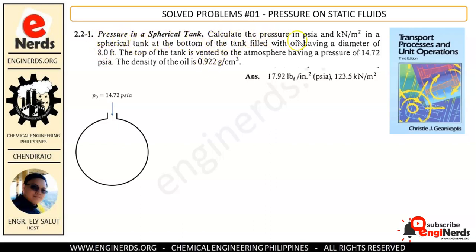Calculate the pressure in psia and kilonewton per square meter in a spherical tank at the bottom of the tank filled with oil having a diameter of 8 feet. The top of the tank is vented to the atmosphere, having a pressure of 14.72 psia. The density of the oil is 0.922 grams per cubic centimeter.